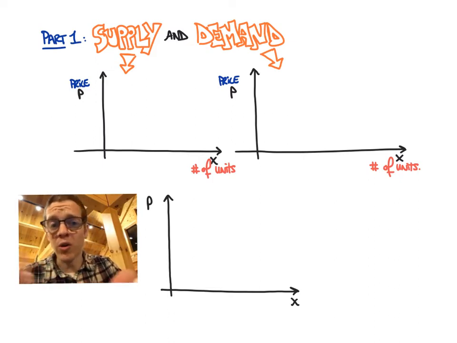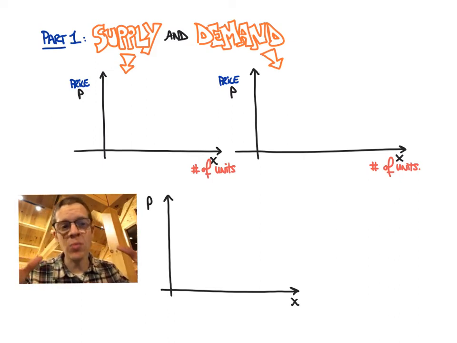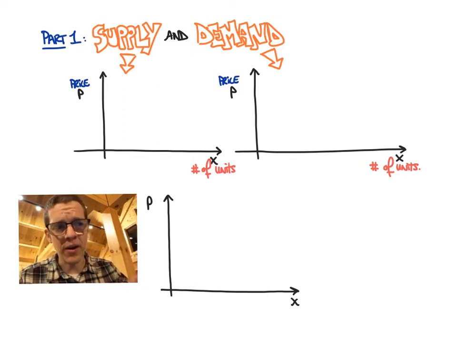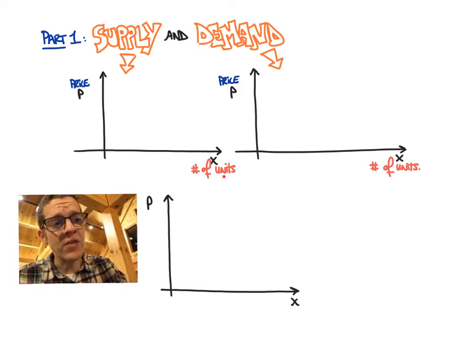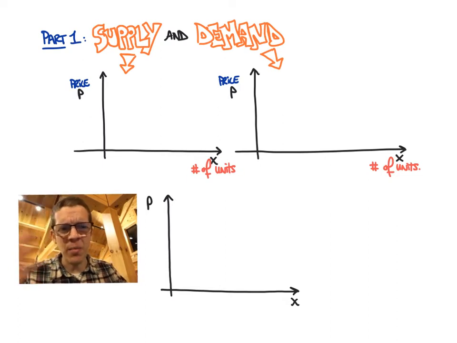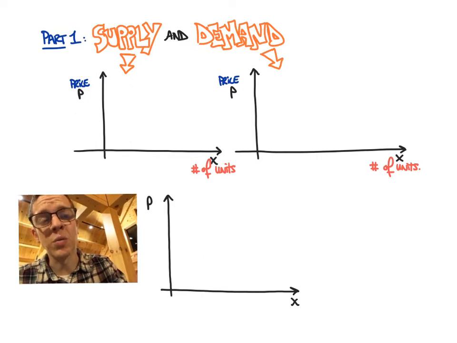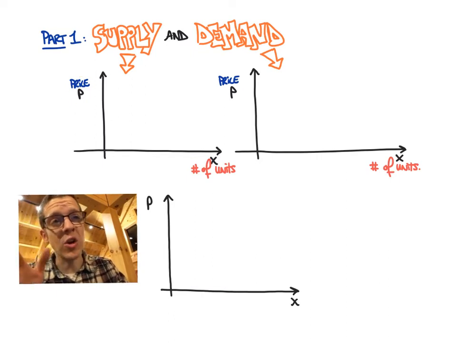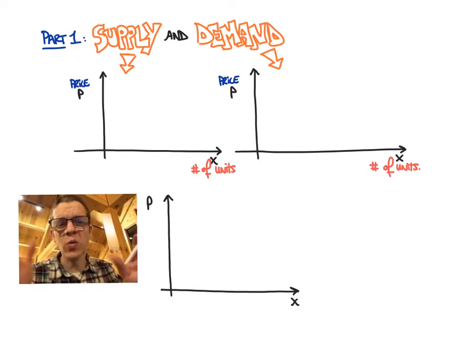We're going to draw a graph, and we're going to do these as linear models. So everything's going to be a line for the first part here. On the x-axis, we're going to have the number of units. Think about that as the number of iPads that they're selling or the number of cell phones. And on the y-axis will be the price. So we're going to create a curve that models the general trend for supply and demand.